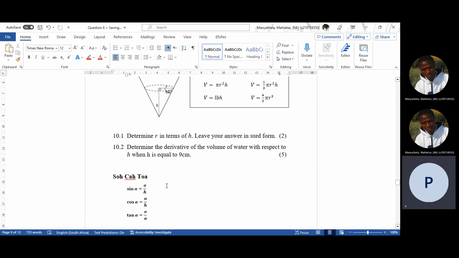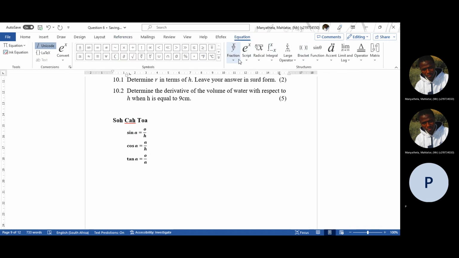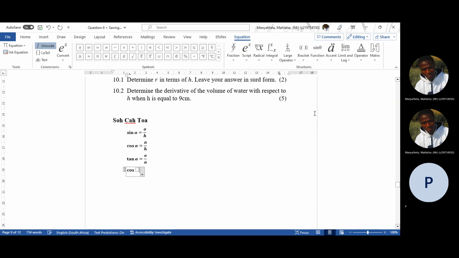Adjacent and opposite is cos. No, adjacent and opposite is tan, not cos.